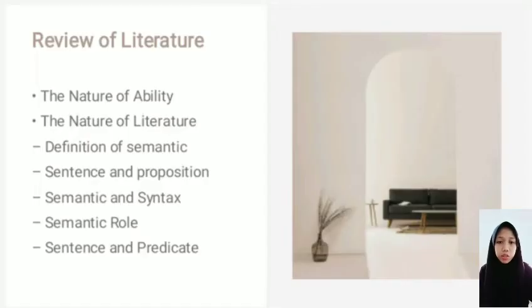Review of literature contains the nature of ability and the nature of literature. The nature of literature contains definition of semantic, sentence and proposition, semantic and syntax, semantic role, sentence and predicate.